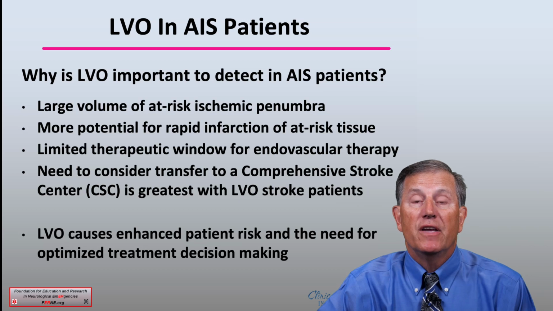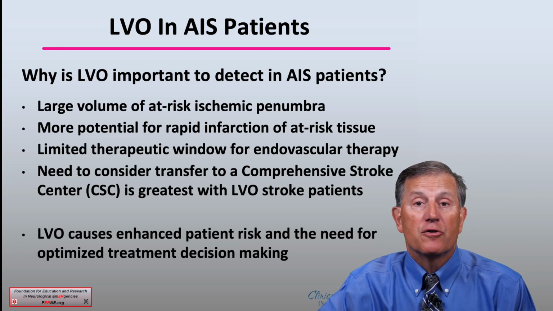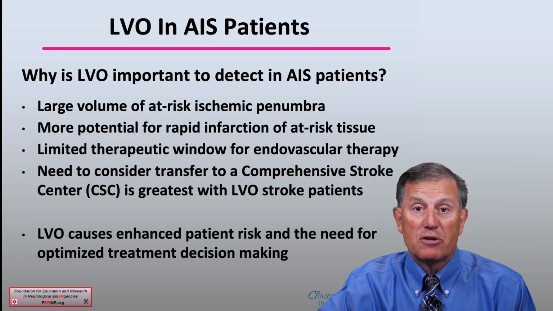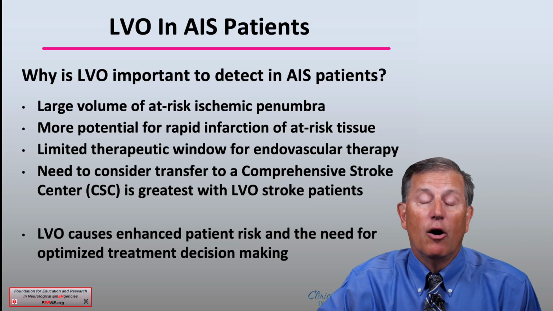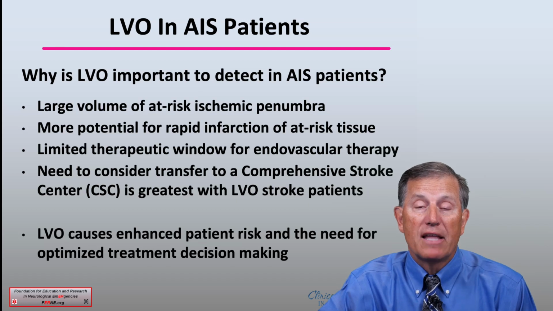And with patients with LVOs, we need to consider transfer to a comprehensive stroke center, because in centers that do not have the ability to go to the IR suite and provide endovascular therapies, it is necessary to rapidly get these patients transferred and to coordinate the planned EVT therapies, especially for patients with large vessel occlusions. So in summary, LVOs cause the enhanced patient risk and the need for optimized treatment decision making, which could include transfer of patients to a comprehensive stroke center.